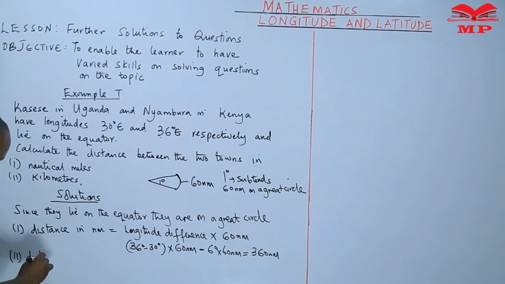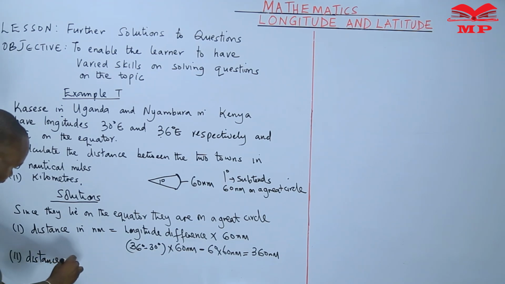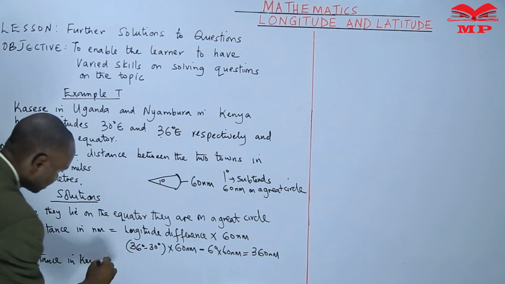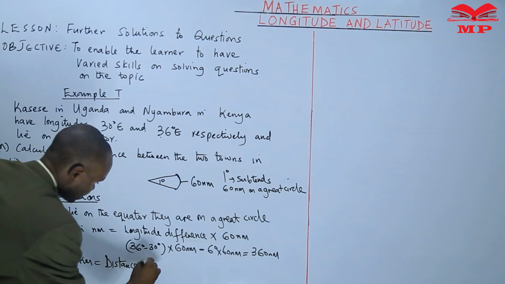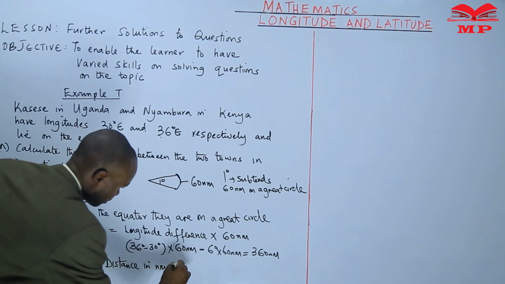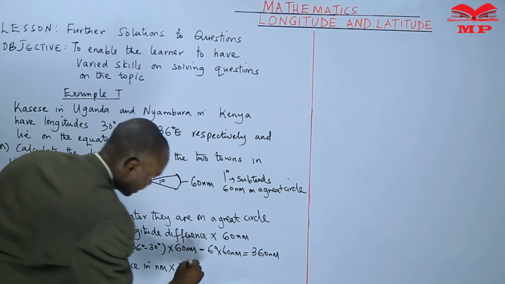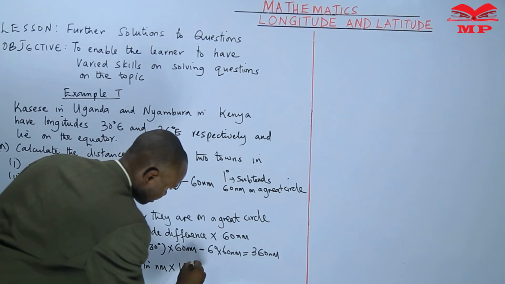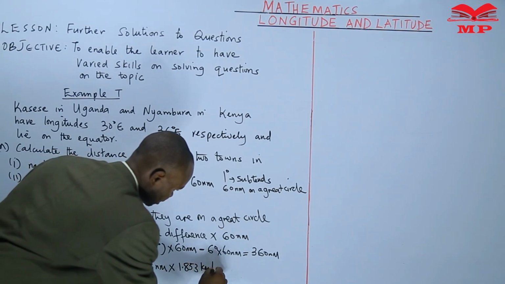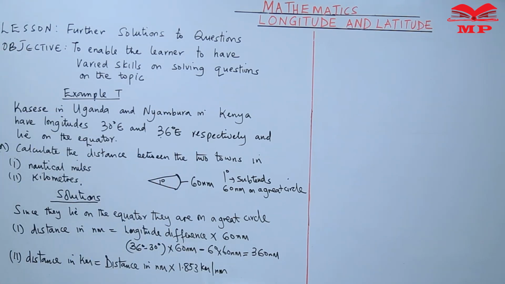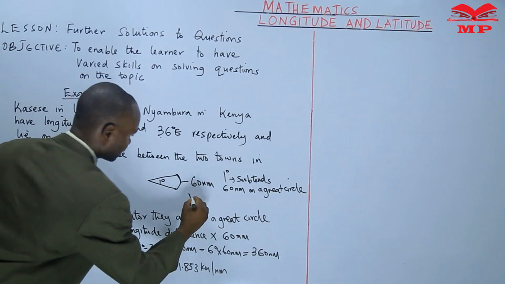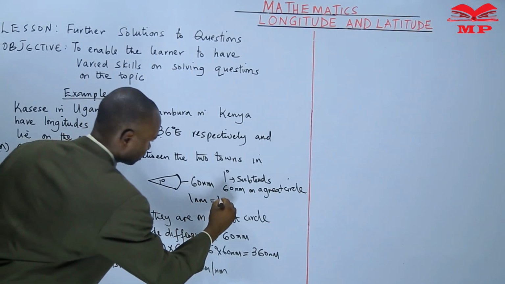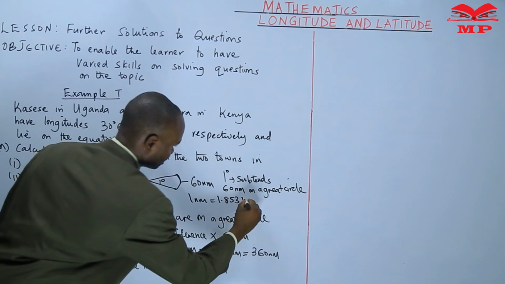We come to 2, the distance in kilometers. The distance in kilometers will be given by the distance in nautical miles times 1.853 kilometers per nautical mile. Because we know that 1 nautical mile, we proved in the other lesson, is equal to 1.853 kilometers.